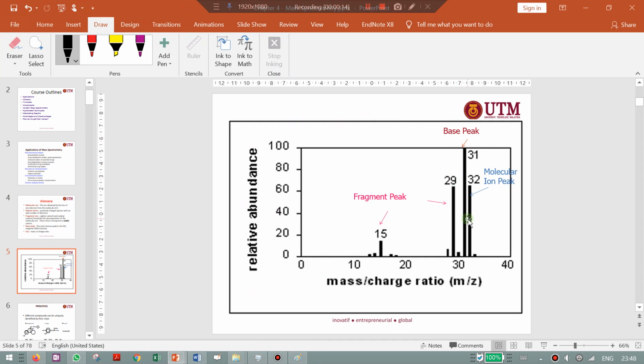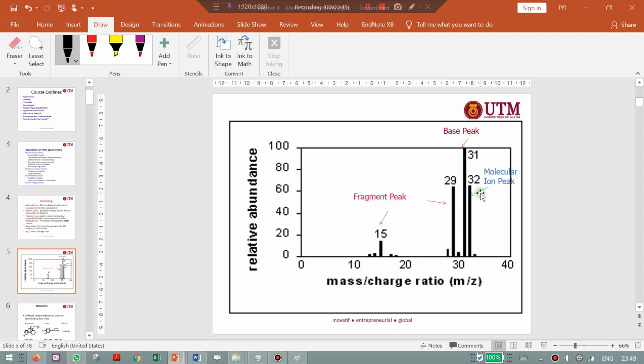We already know that at the higher end of the mass to charge ratio, the peak represents the molecular ion peak. Remember, the molecular ion peak is always an even number. Your fragment ions should be odd numbers.